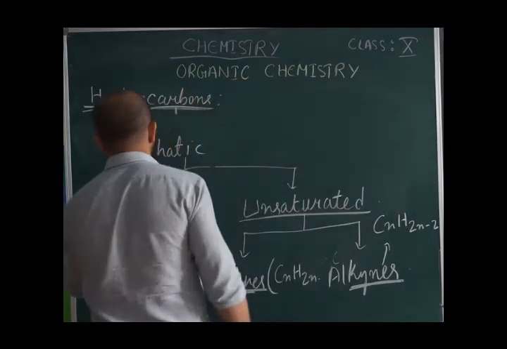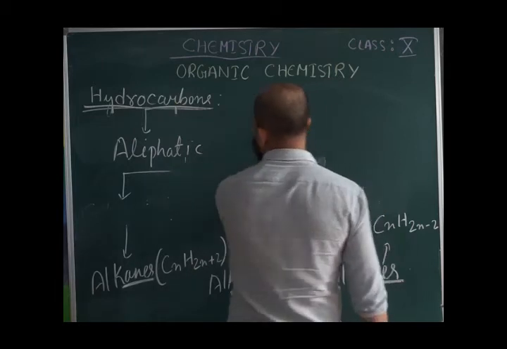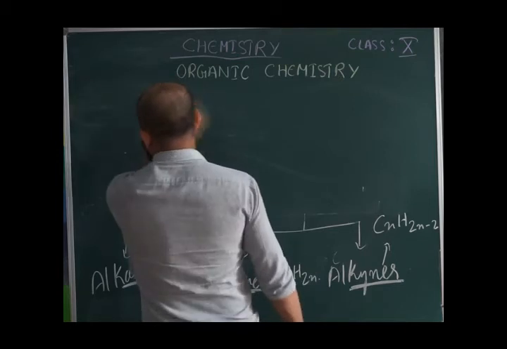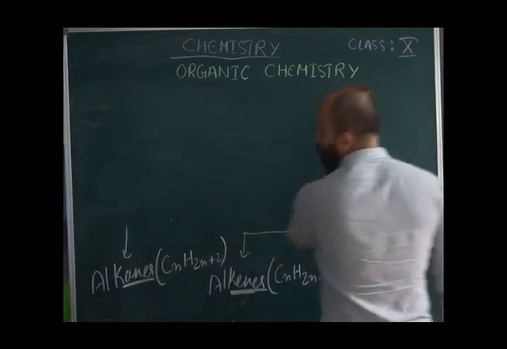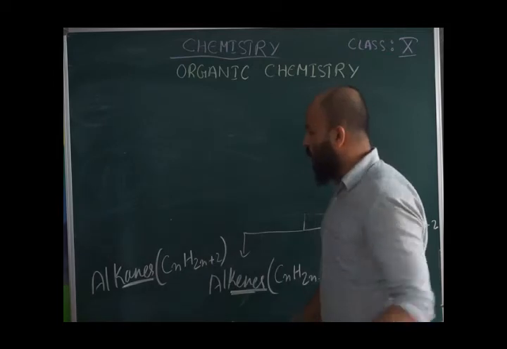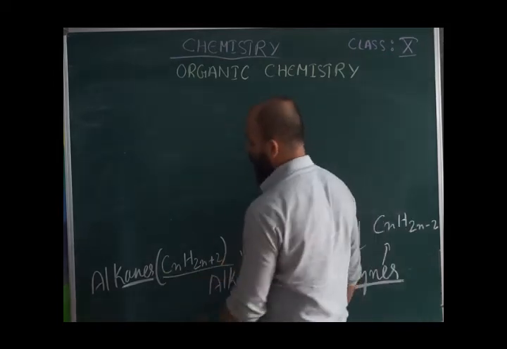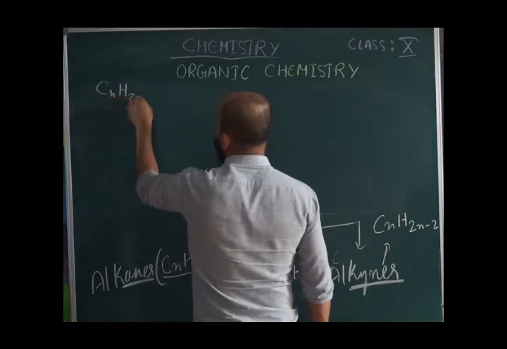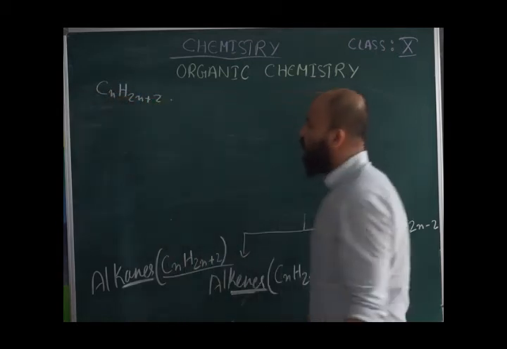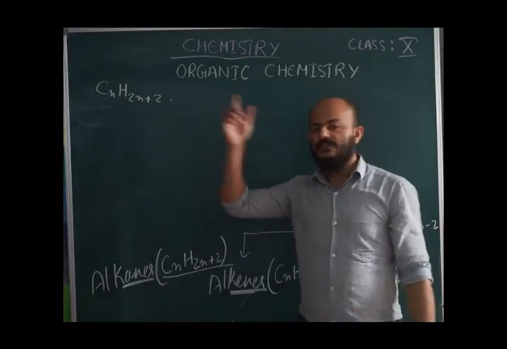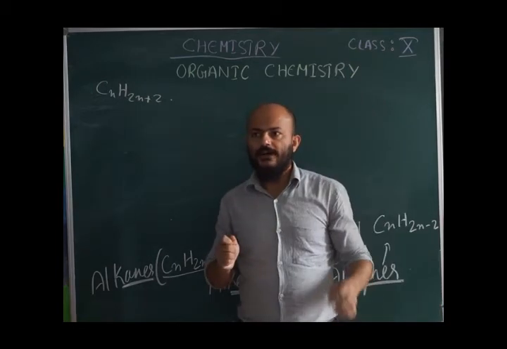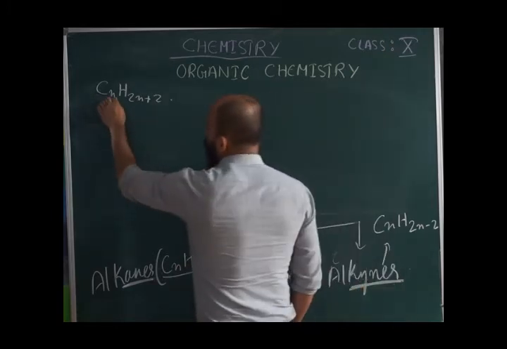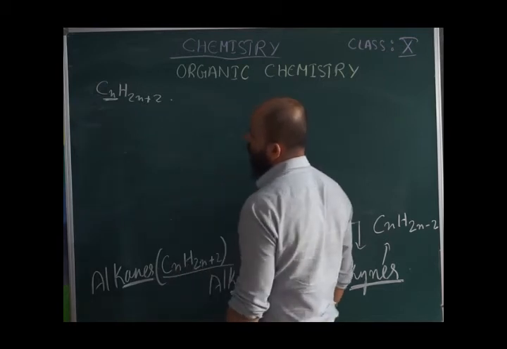Now let's discuss about this general formula first. Alkanes, that is CnH2n plus 2. So now in hydrocarbons, if you want to have an alkane compound, then this N denotes the number of carbon atoms.